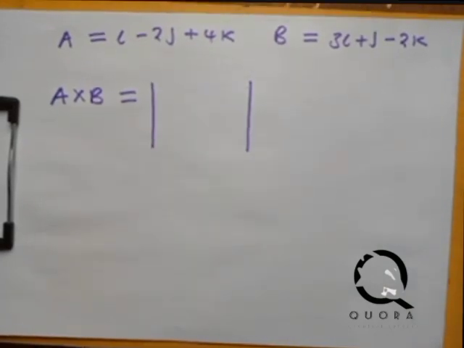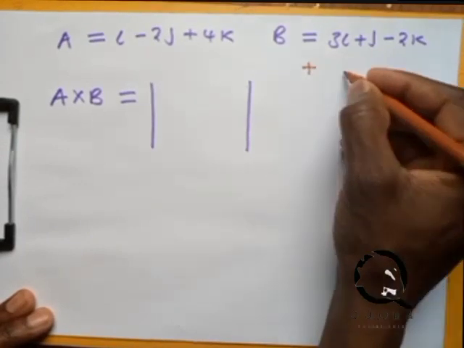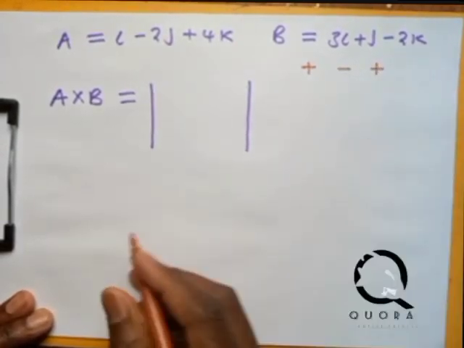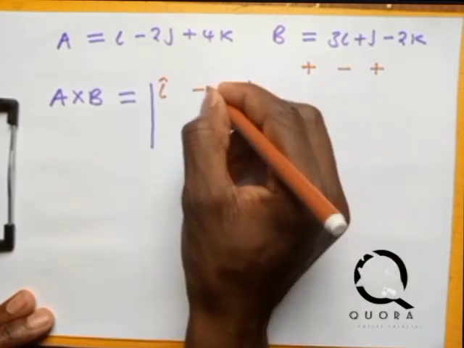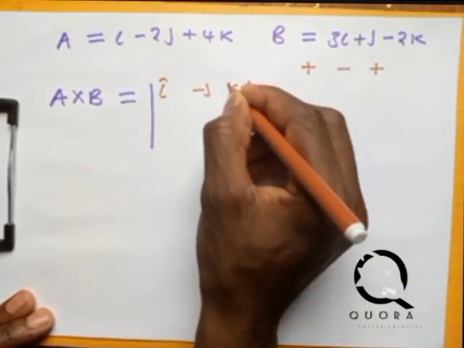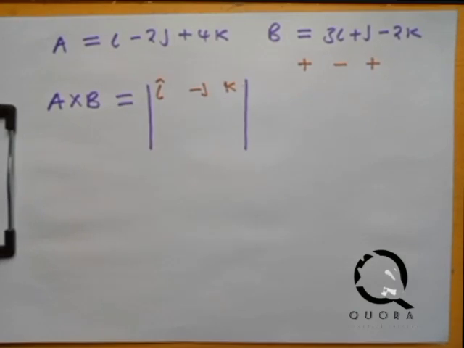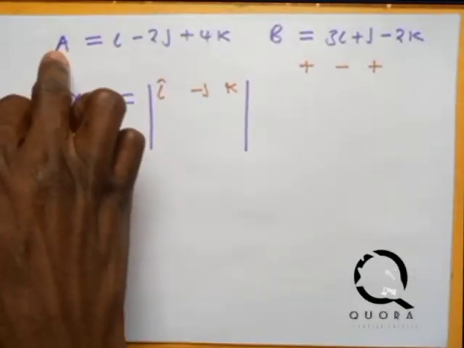Remember to put the components on top in a format of plus, minus, plus. We're going to have i, minus j, k. Now we are going to write.